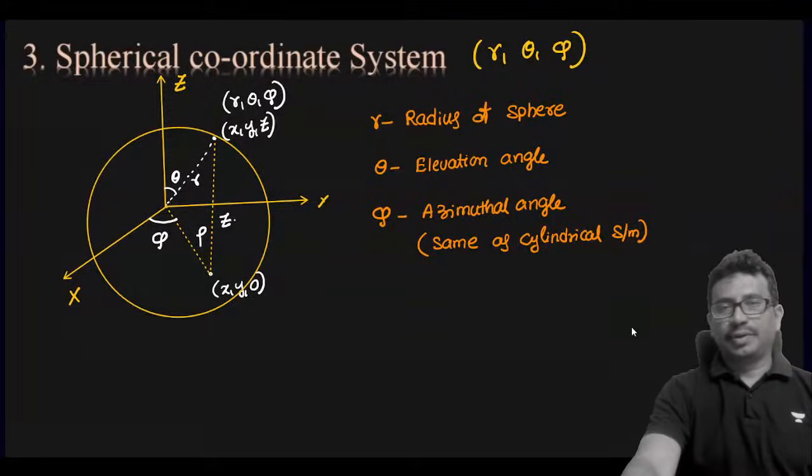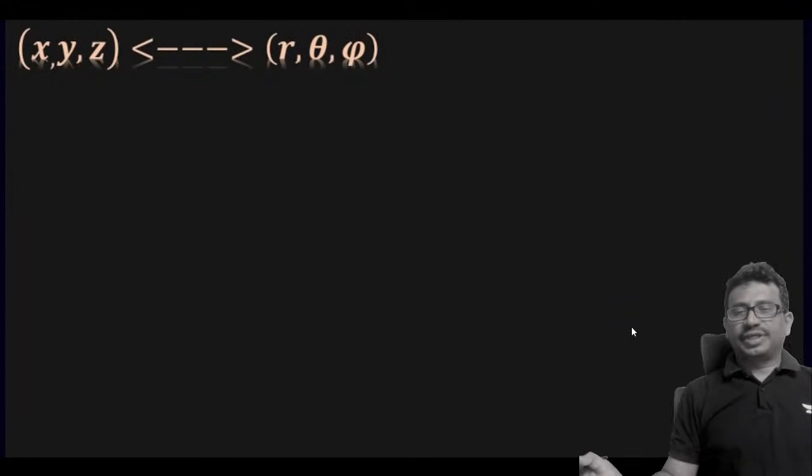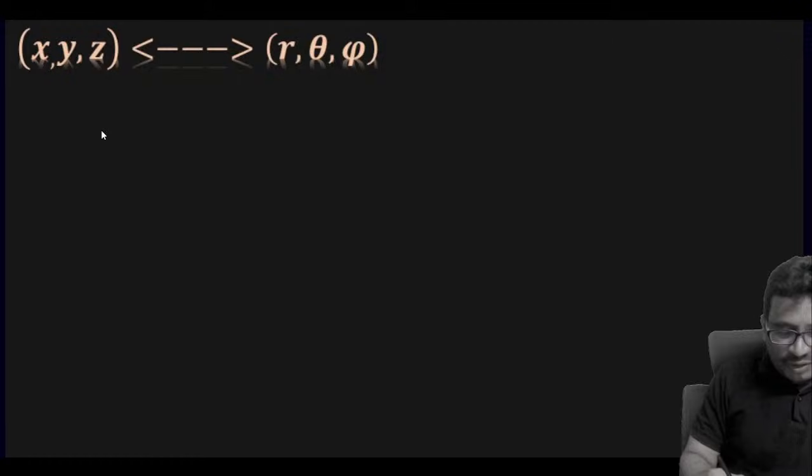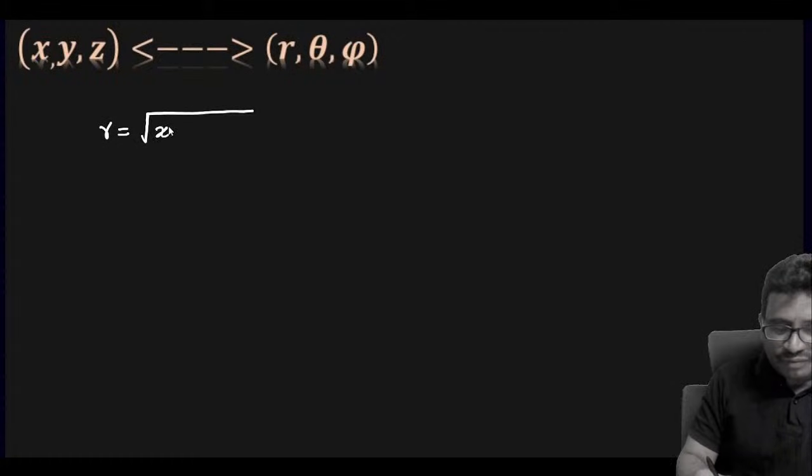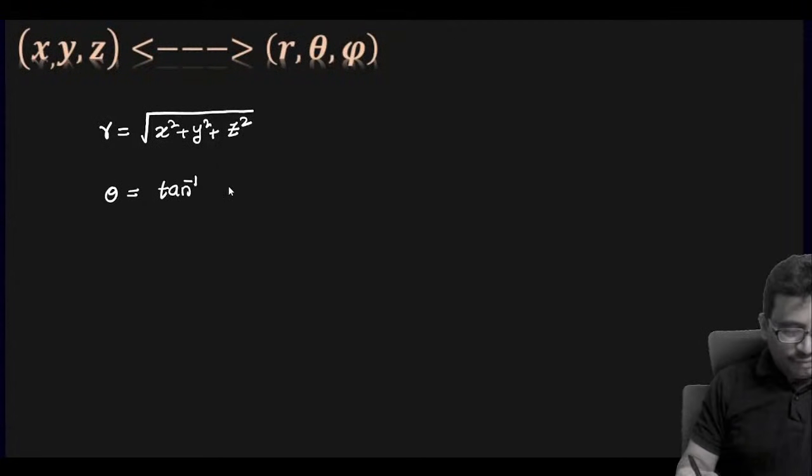Now the conversion relations. What is r? R is the distance from the origin to the point, given as square root of x square plus y square plus z square. And theta is given as tan inverse of rho by z.